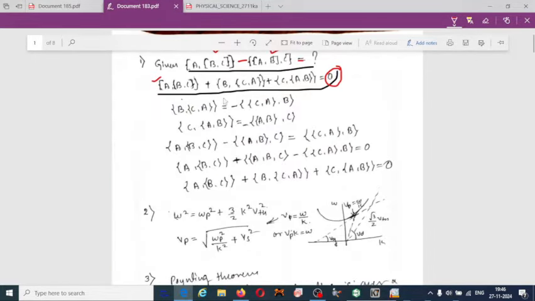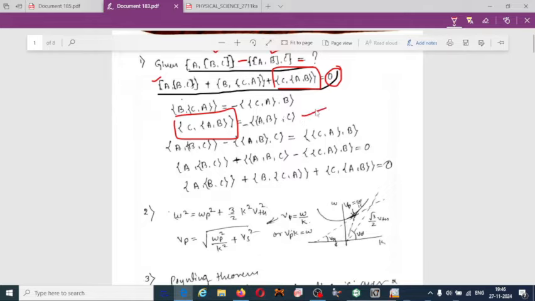Here they have given the second option [a, b, c]. We can write it as minus [a, b, c].